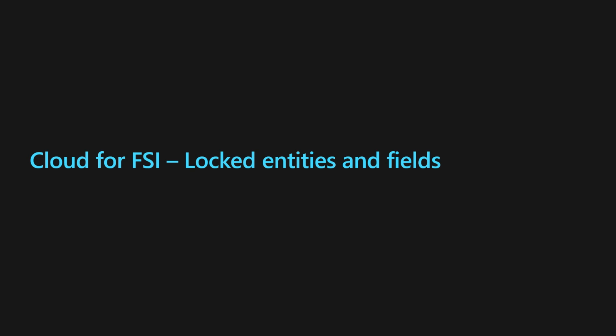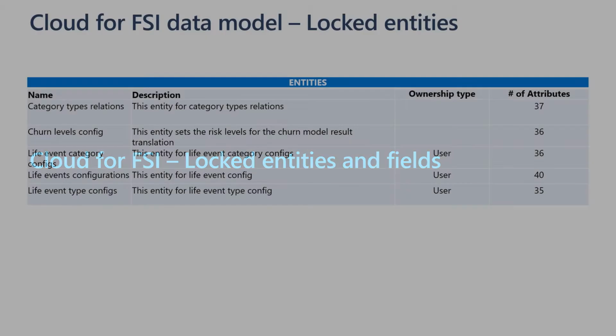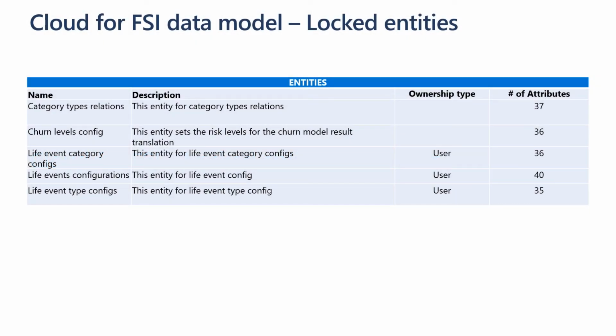Even though the data model is open to changes, there are still a few limitations, like locked entities and fields that cannot be modified. In this slide, you can see locked entities: category types relations, churn level configuration, live event category configuration, live event configuration, and live event type configuration.